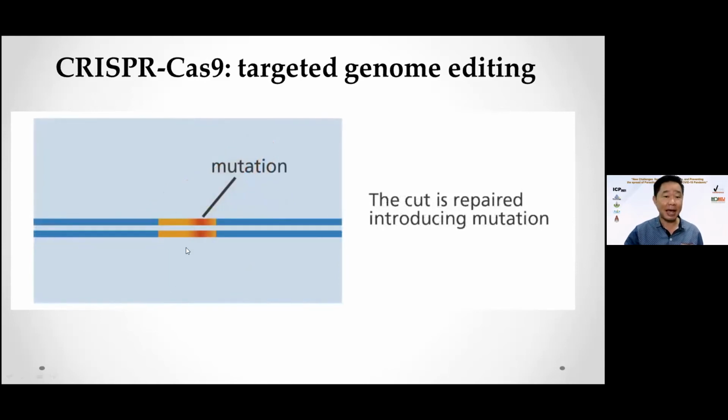It will repair without a scar, but the mutation will occur after the guide RNA has cut. So there will be deletions or mismatches, and the gene will be mutated. After the gene mutation, the function of the gene will change. We expect the mRNA cannot be expressed in the normal manner.